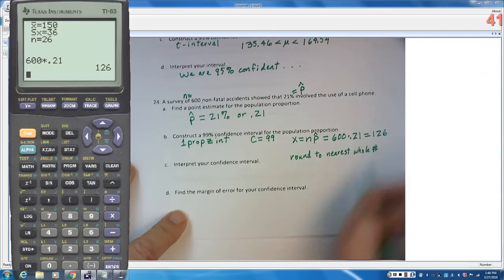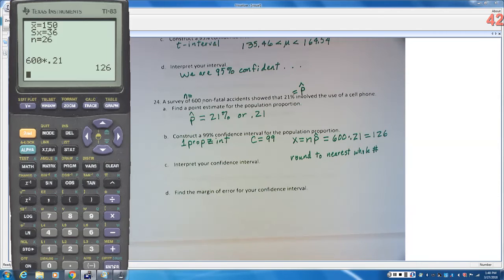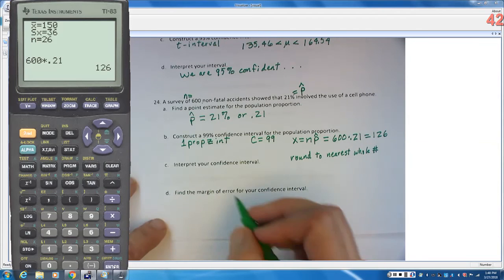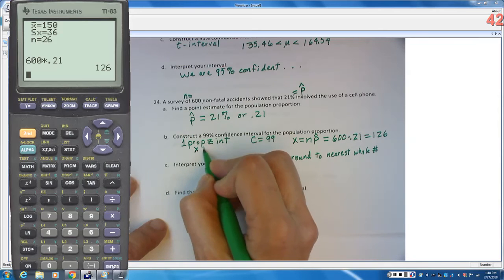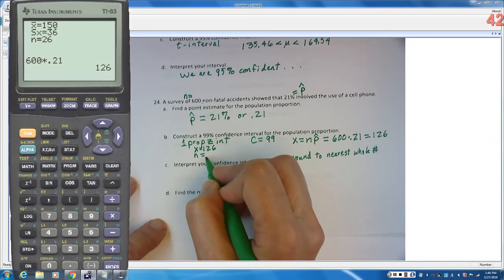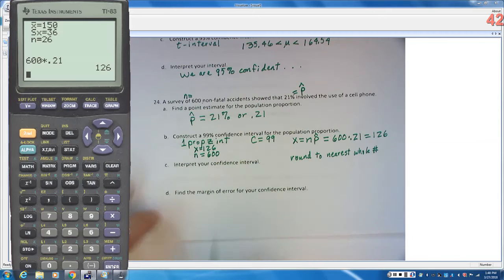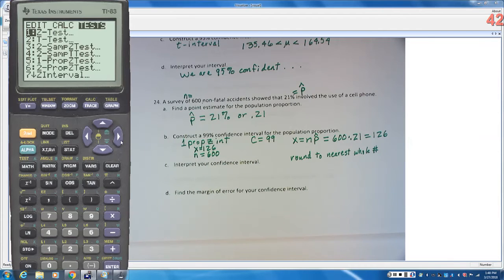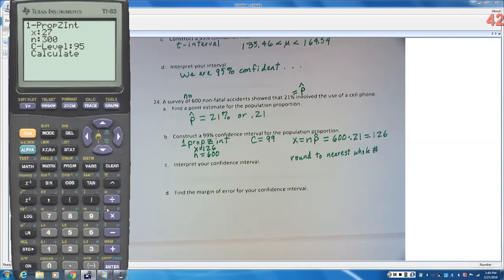It's the nearest whole number, and you don't always go up on this one. So X is 126, N is 600, 99%. Go into stat, test, all the way down to A, one proportion Z interval, and put in 126, 600, 99%.